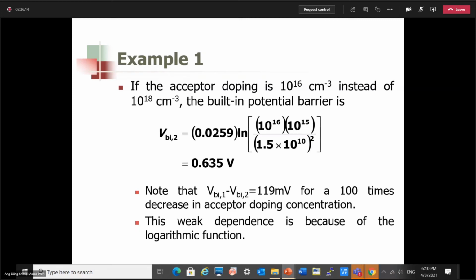Let me ask you this question: what is the turn-on voltage of a diode? Is it 0.7? Yeah, you probably have been told this. 0.7 is the turn-on voltage of the diode. Very good.